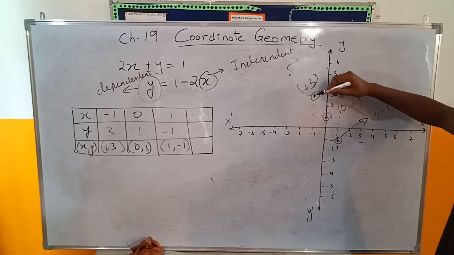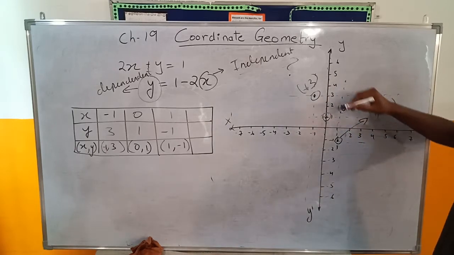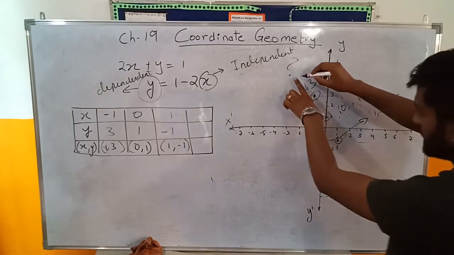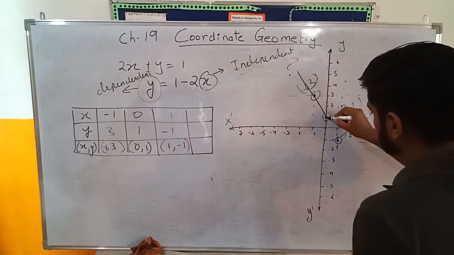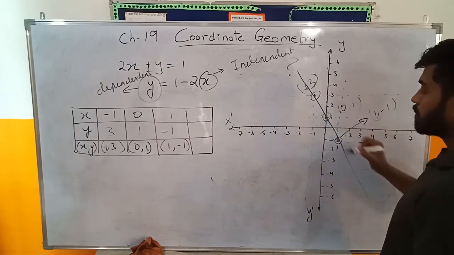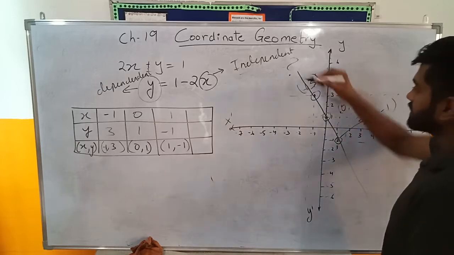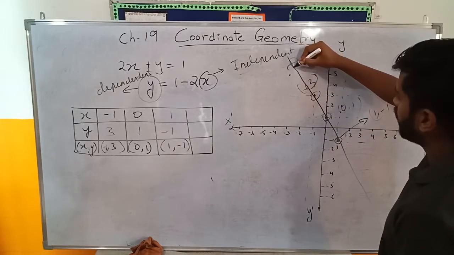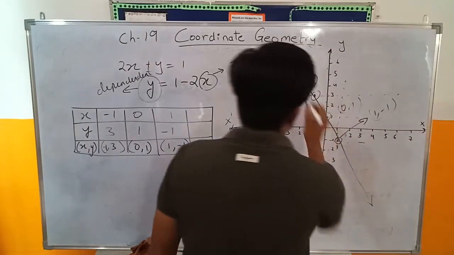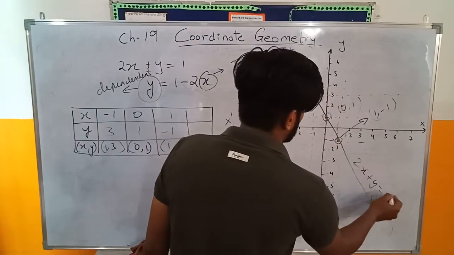Now if you have marked 3 points, you can join the points in a straight line like this. These 3 points are going to come on the same line. So the name of this line will be 2x plus y equals 1.